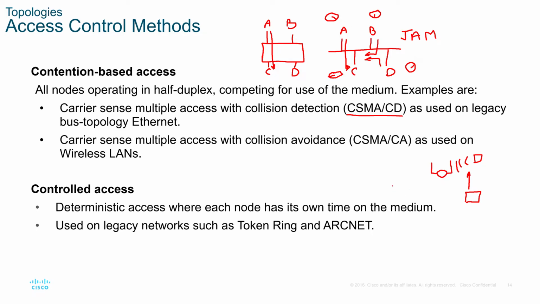But we may have another host at an extreme distance that cannot see the first conversation. So this host may also try sending data.